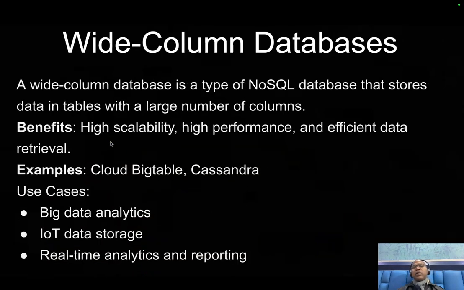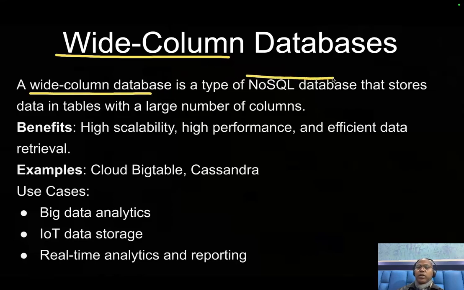And even sometimes you want to manage a very large amount of data with fast lookups. So we have the wide column database, which is again a type of NoSQL database that stores data in tabular format with a large number of columns. Even with a large amount of data, you still want a tabular format.